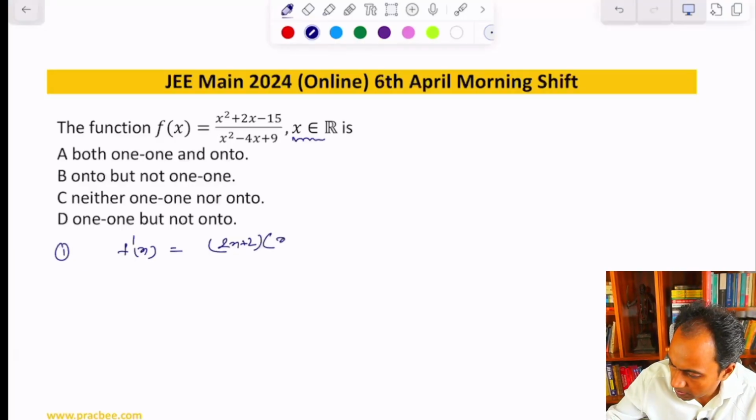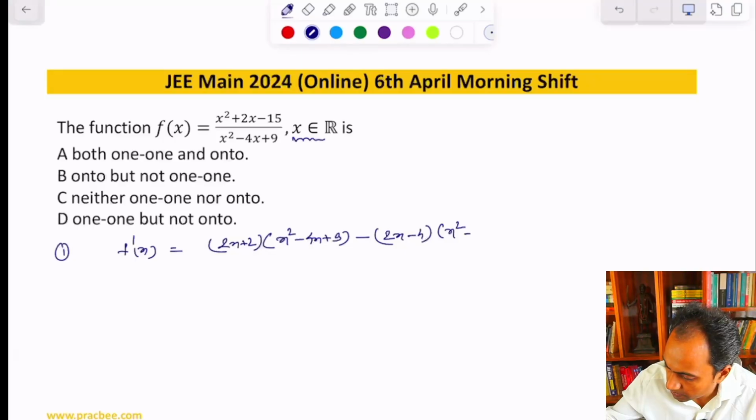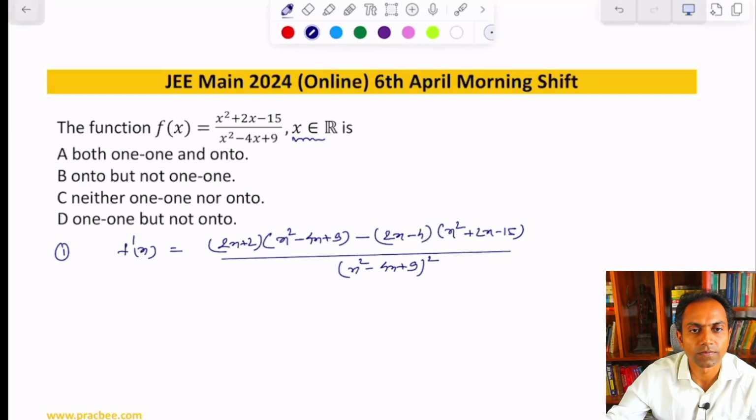The denominator is x square minus 4x plus 9. Then again differentiation of the denominator, 2x minus 4, and x square plus 2x minus 15, divided by x square minus 4x plus 9. This is what I have.